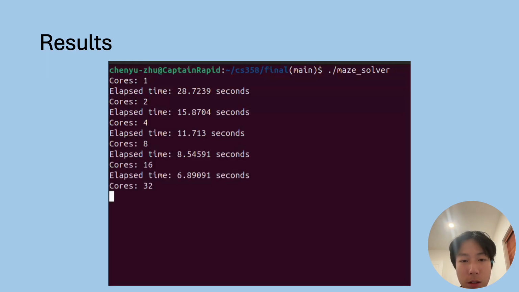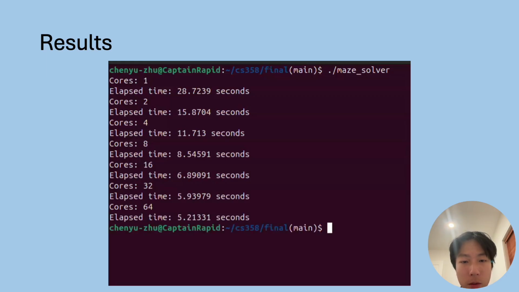For 16 cores it takes 7 seconds, and for 32 cores it takes 6 seconds. It's getting closer. And okay, 64 cores takes around 5 seconds. So we can see it is getting faster and faster, but the accelerating rate is decreasing.